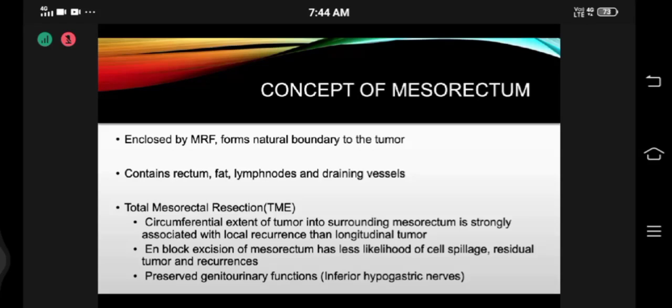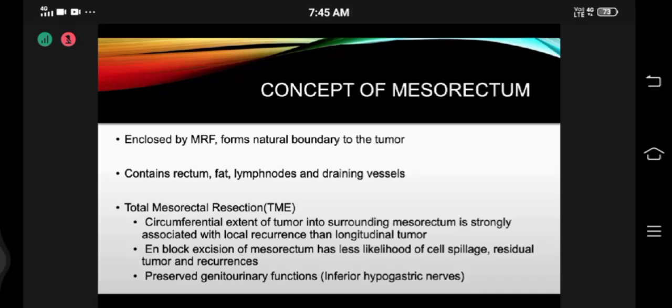So total mesorectal excision is the norm, where surgery removes the total rectum in toto along with the mesorectal fat, and the plane of surgery goes through the mesorectal fascia. That is total mesorectal excision.